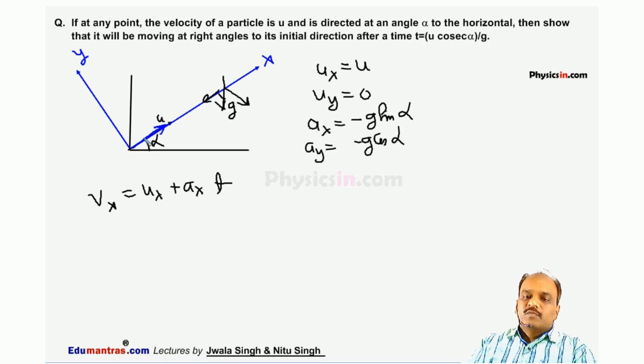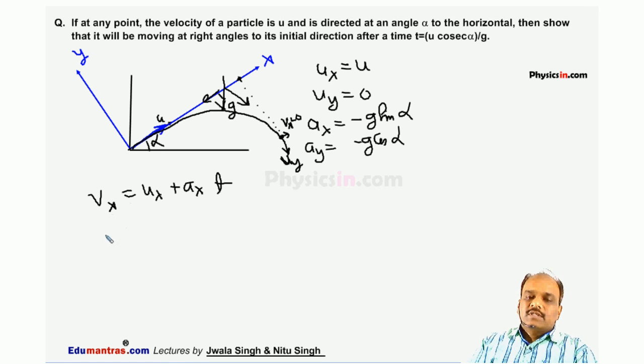Initially the particle is moving along the x-axis. After some time, if its velocity becomes perpendicular to the initial direction, the particle is moving along the y-axis. So at this instant, the velocity of the particle is perpendicular to the initial velocity.